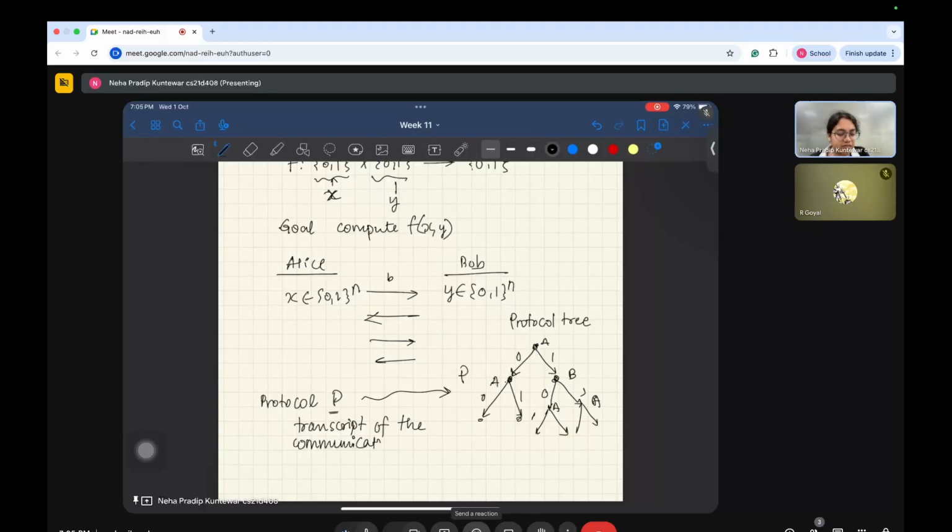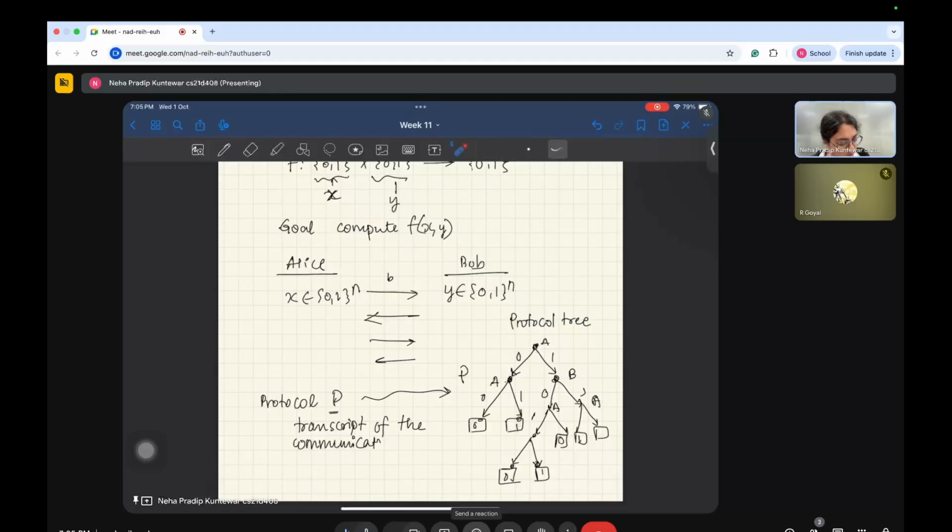So like we said, it's not necessary that if Alice communicates here, then she should also communicate here. And this keeps on going, and at the end the leaves that we get are labeled with zeros and ones. Now what does that mean?